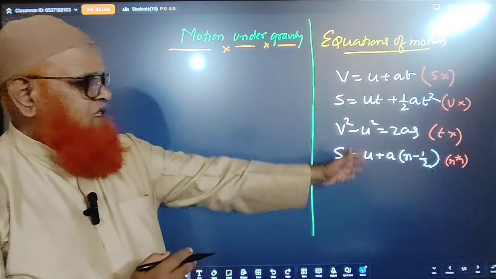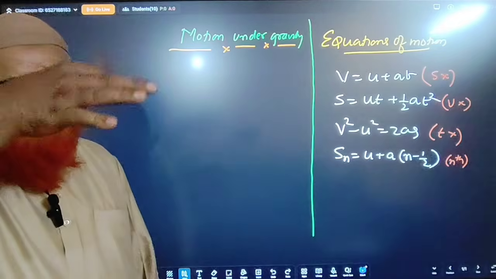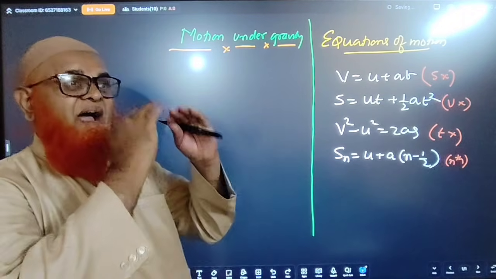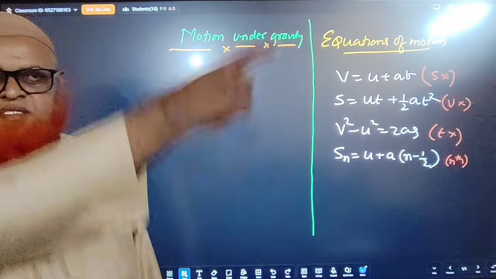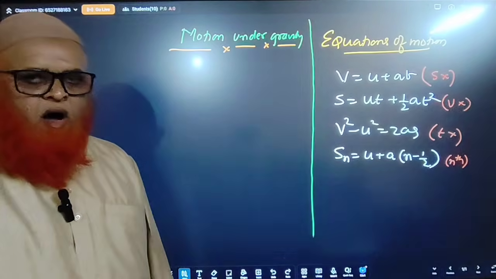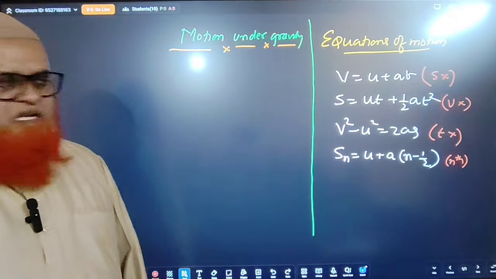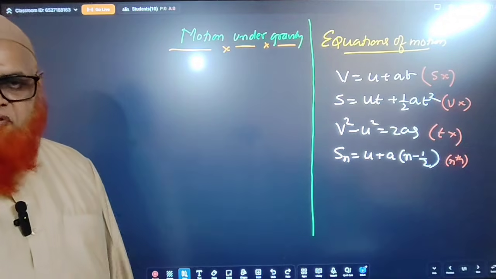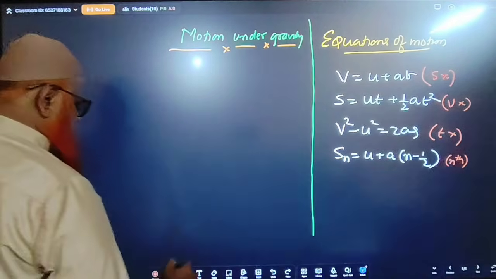For that we use all these formulas. But when a ball is dropped from a tower, when a ball is thrown upwards, when a ball is thrown upwards from the height of a tower, for all these we use these formulas. Motion under gravity, vertical cases. In these vertical cases we use these formulas.